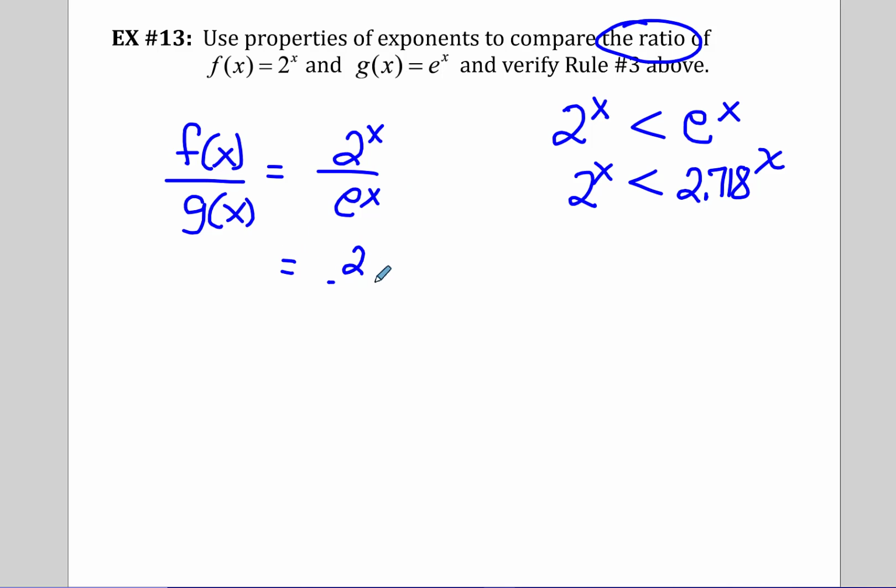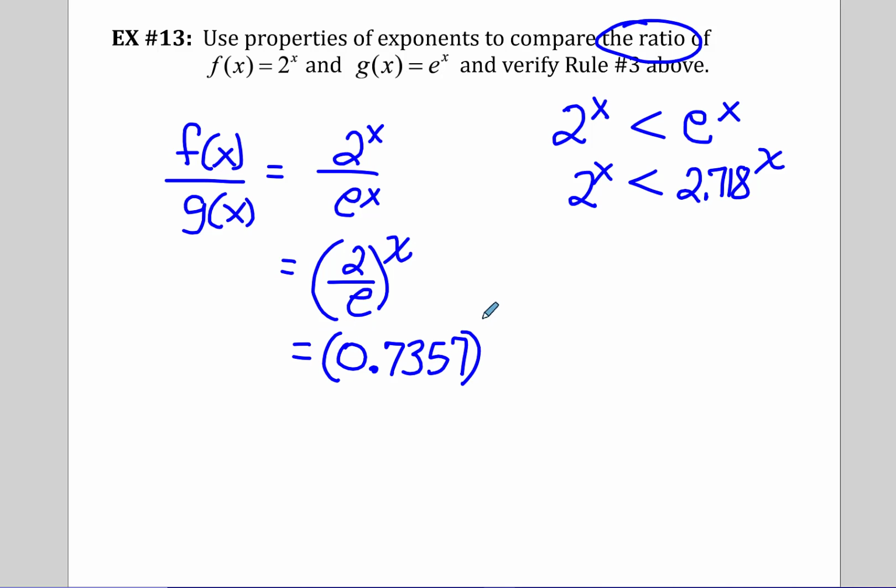Algebraically, I could say since they're both to the x power, I could think about this as, I've already pre-done this, I'm sorry. 2 divided by e is about 3/4. So if you think about it, if you had 3/4 raised to some huge number, you're going to basically go to 0.